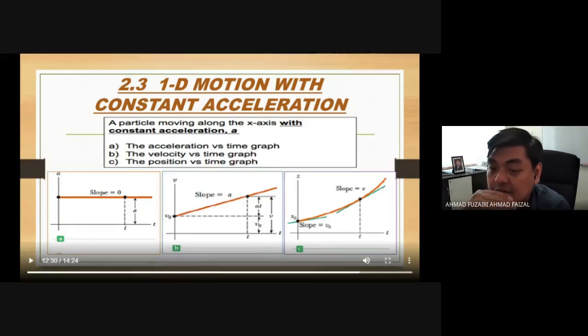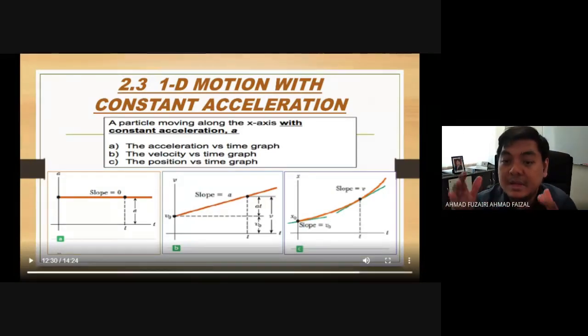So constant acceleration maksud dia kita boleh calculate acceleration daripada V versus T graph. That is constant. Tapi kalau non-constant acceleration, maksud dia we cannot calculate the acceleration from the graph. There's no way to calculate the acceleration. That's how nama dia non-constant acceleration.